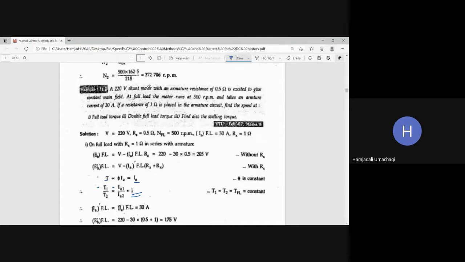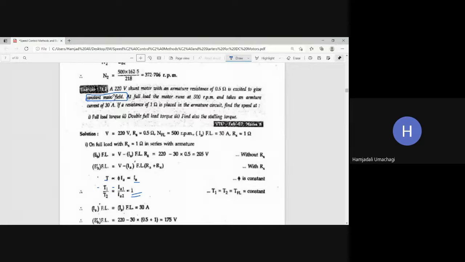The problem says a 220 volt shunt motor with armature resistance 0.5 with constant main field. So they have given the field as constant, right? Based on this judgment, we can say that torque is constant here, because flux is constant means constant main field.